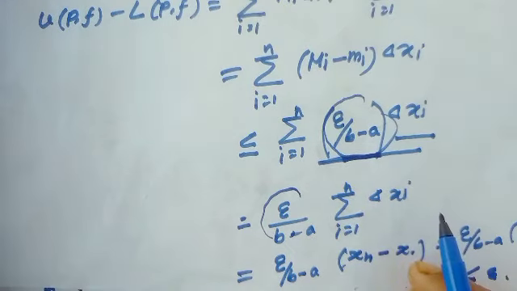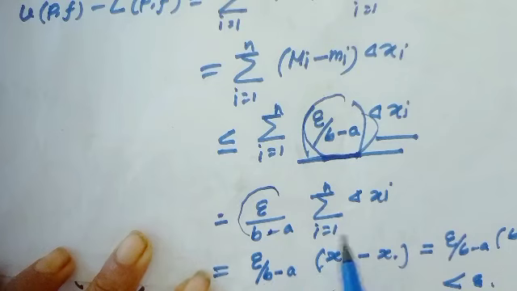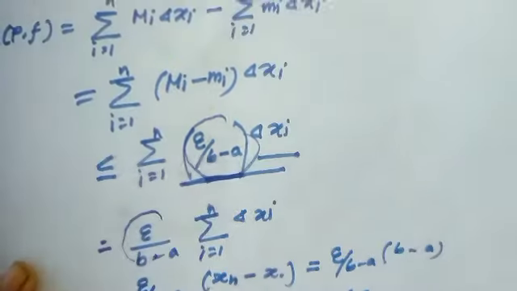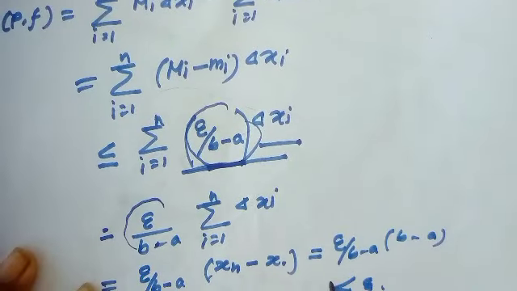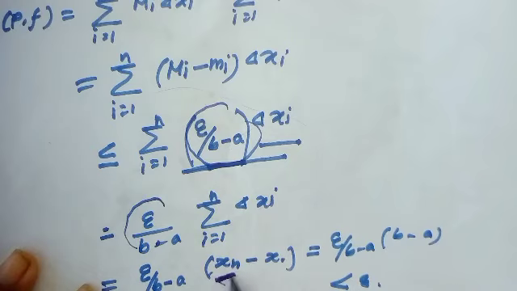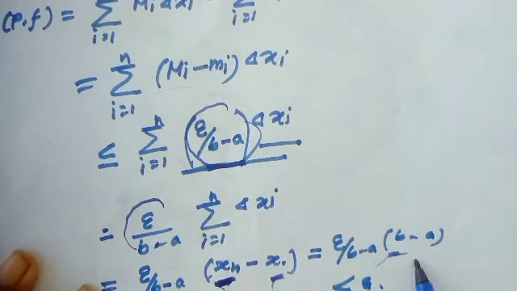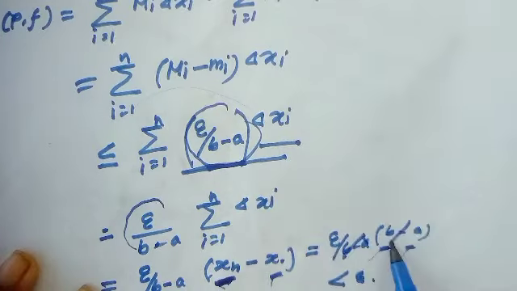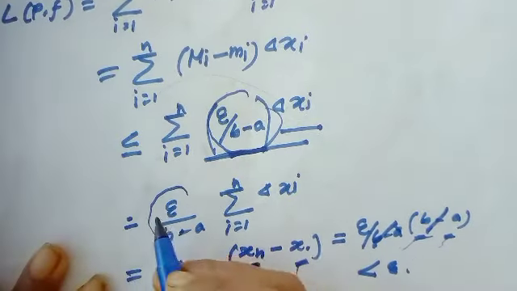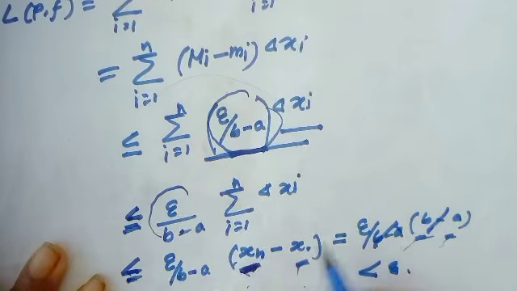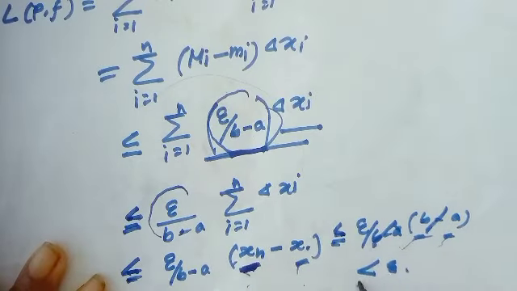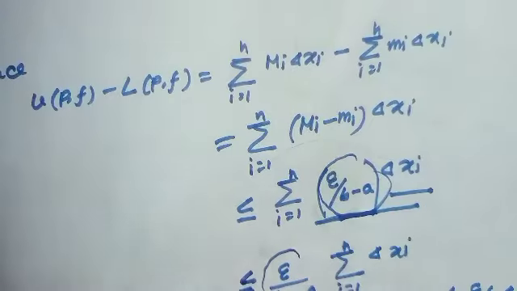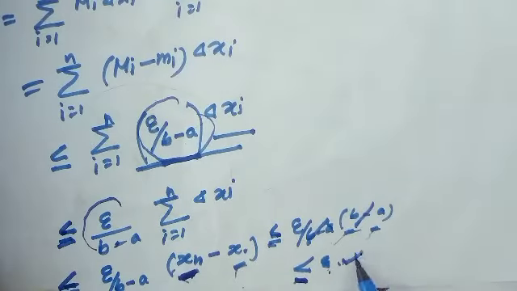If we find the value of the summation, this would be epsilon over b minus a times xn minus x0. Just put the value: xn would be b and x0 would be a. From this line we can tell this relation is less than or equal to epsilon. Therefore I have got U(P,f) minus L(P,f) less than or equal to epsilon.